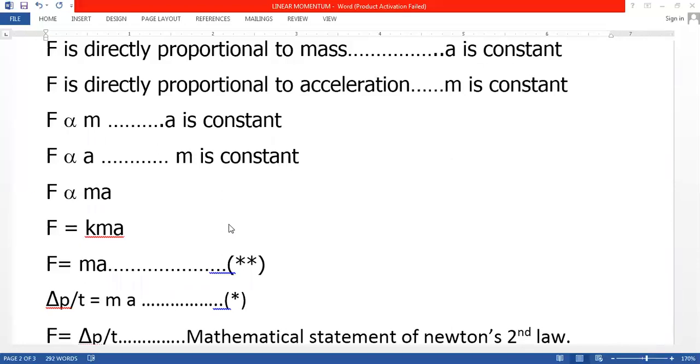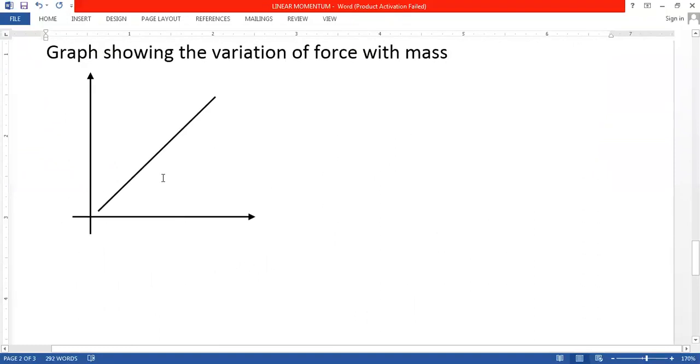So how will the graph be? You will find the graph will be the same. More is the mass of the object, more will be the force required. The only difference, please ensure, is that you write mass on the x-axis and force on the y-axis.